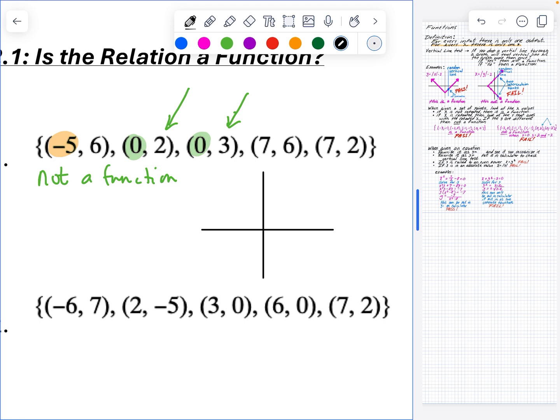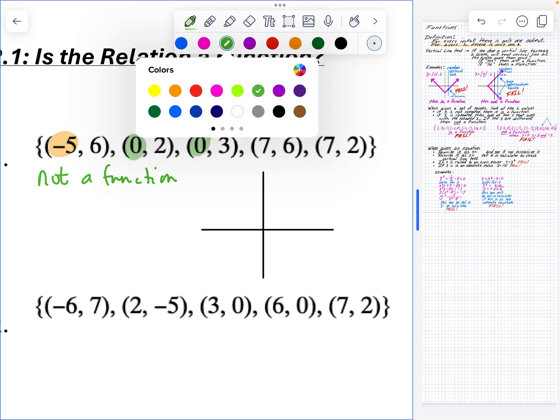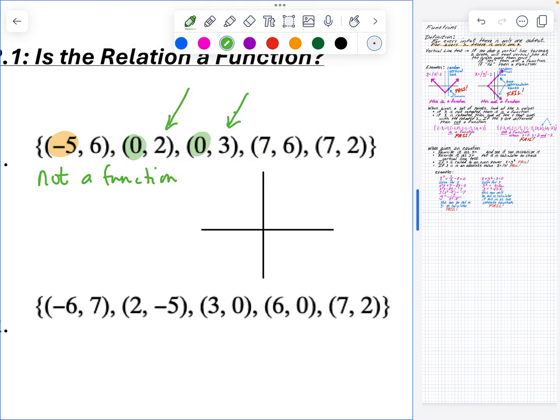Then you would have a point at (0, 2), which would be about right here. And then you would have a point at (0, 3). If you put a vertical line through it, the vertical line hits the graph twice. So that is not a function.